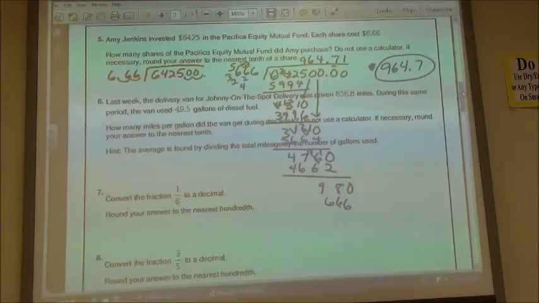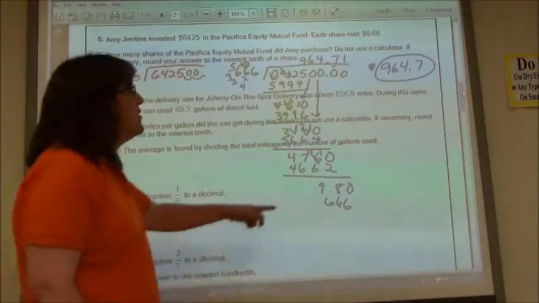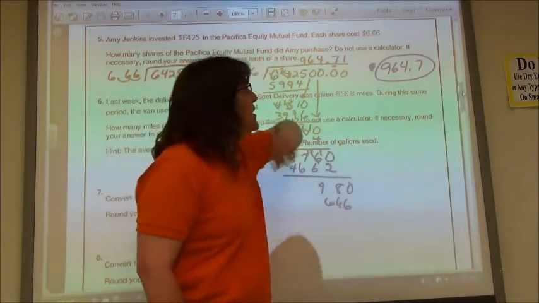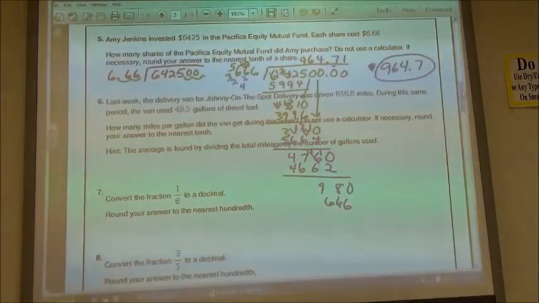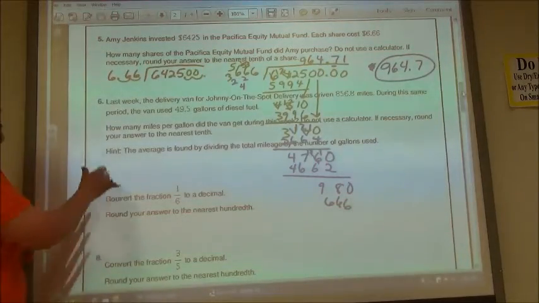And so if we go ahead and double check that, 6,425 divided by 6.66, we have 964.71, which is what we got when we divided. And again, since there was a 1 after the tenths spot, we didn't round it up, so we said 964.7, as I scribbled all over everything.